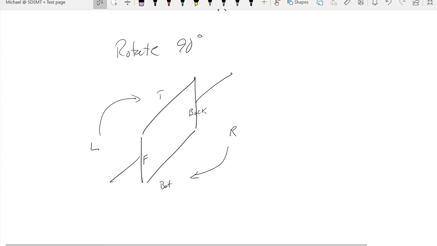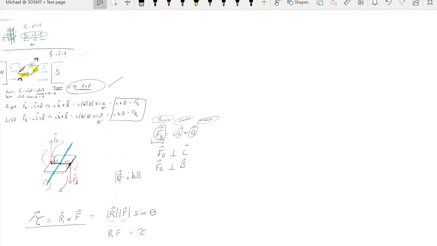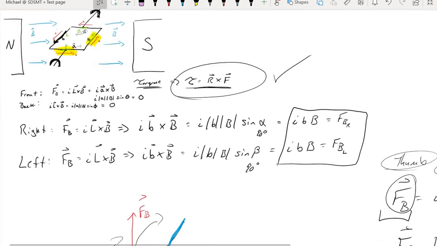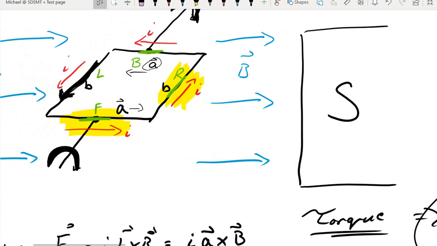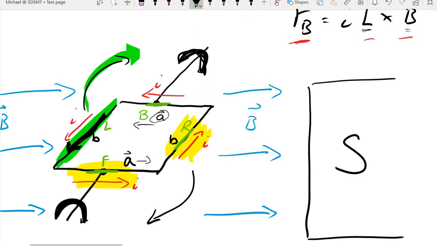If our coil has rotated, but we still have current running through it, these would be the respective directions of the current. So these haven't changed. You can compare these to what we had up top there. If we take our original picture and we rotate the coil, this left-hand leg is going to end up as the top leg.